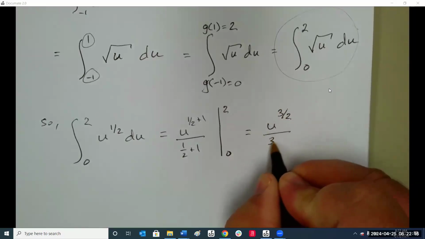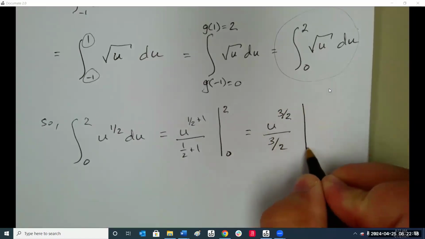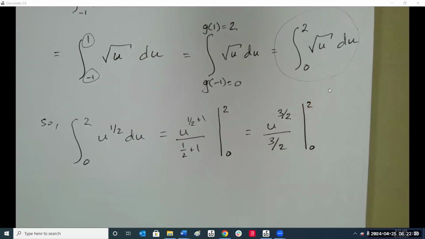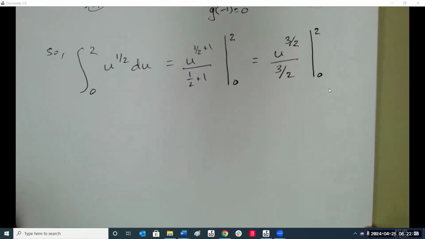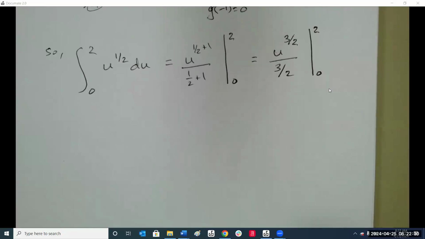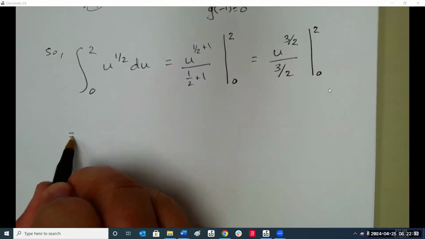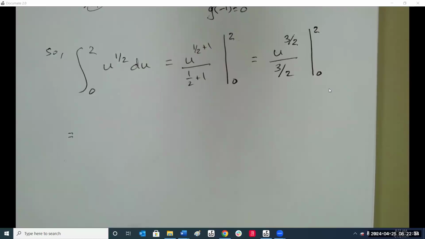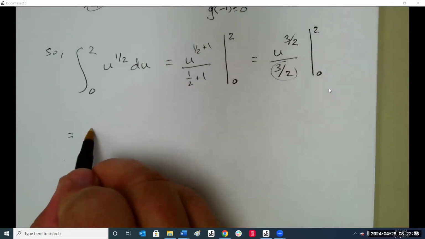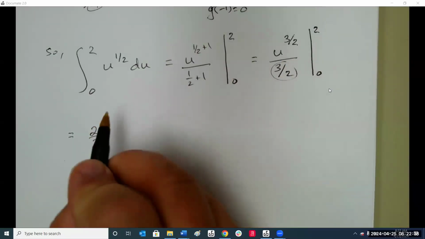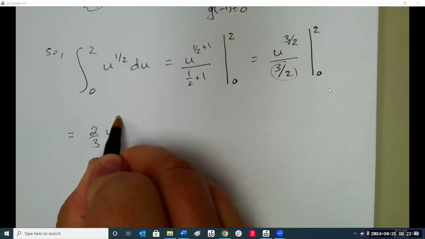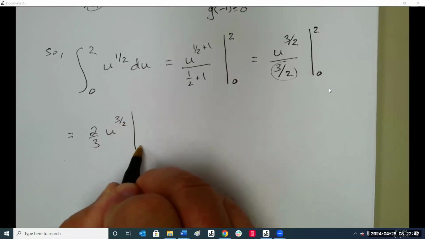U to the 3/2 over 3/2 from 0 to 2. The bottom becomes 2/3. U to the 3/2.